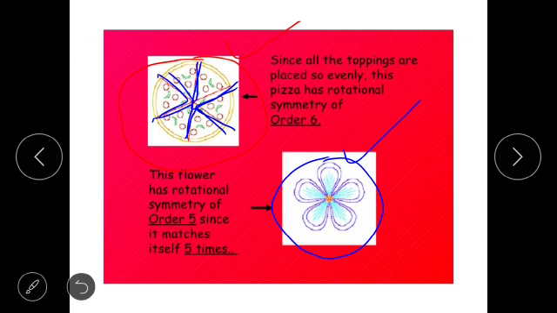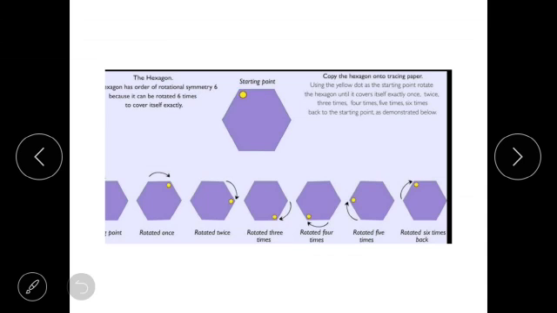Now, taking the example of this hexagon, let this be the starting point and let us rotate it through 360 degrees. We will rotate it step by step. This yellow dot is the reference point. Now rotate it once. This yellow dot will come here. Now it fits onto itself when rotated through this angle. Rotate it twice. It looks the same as it was before.